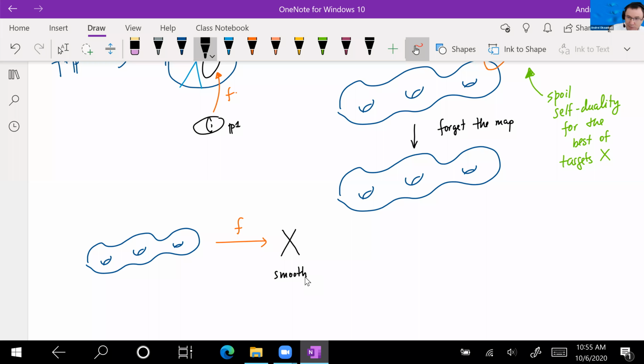Then what's the deformation theory of the map? Maybe let's draw a picture.